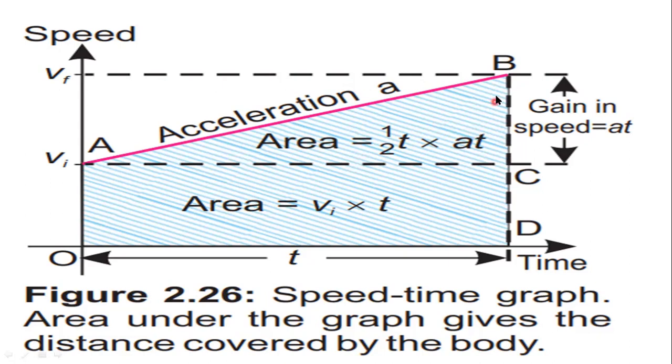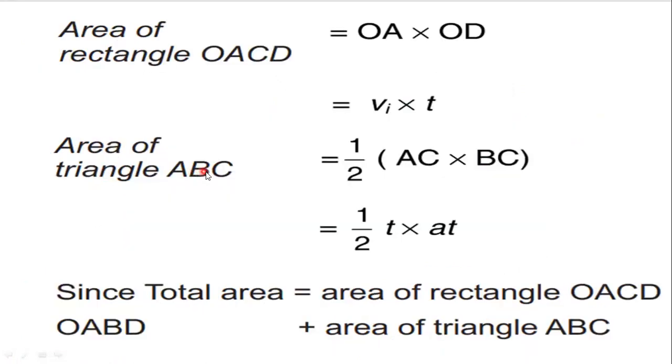So the area of triangle ABC is equal to 1 by 2, AC, which is equal to OD, so it represents time T, and BC, which is acceleration into time, AT.